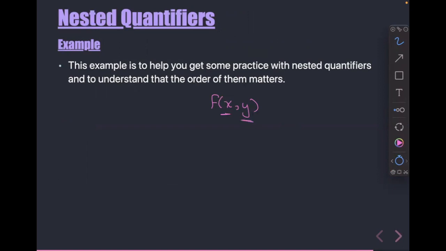But maybe we want to bound both. Maybe we want to say for all x and for all y, this is true. Or you could even say for all x, there exists a y. We'll think about the logic behind what we're really saying there, but you might want to say things like this and use multiple quantifiers.